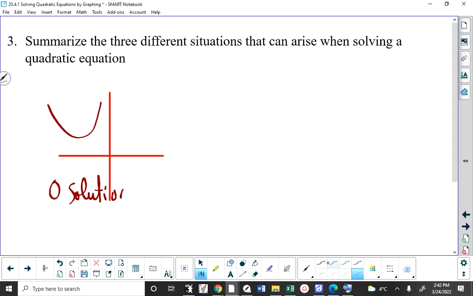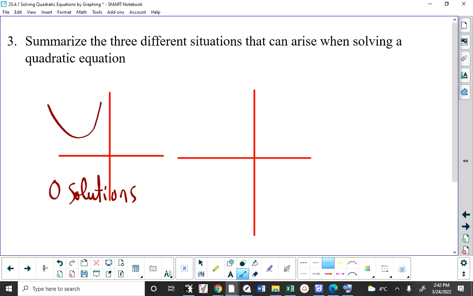If the corresponding quadratic function has no x-intercepts, then the equation has no solutions. If the corresponding quadratic function just touches the x-axis in one place because there's one x-intercept, then there is one solution.